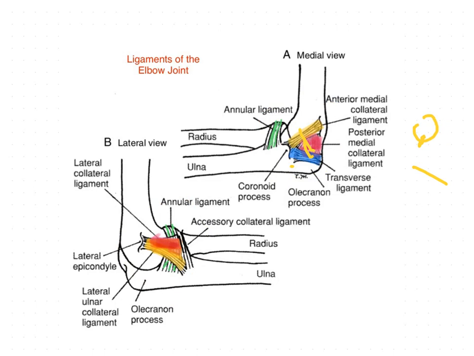Okay, and some of the investigators like Callaway and colleagues describe this anterior bundle as consisting of an anterior band as well as a posterior band.